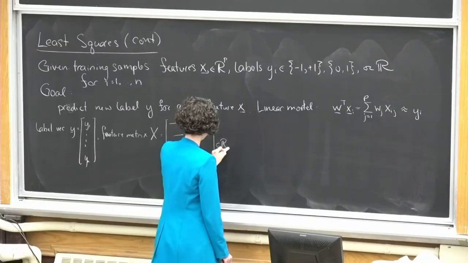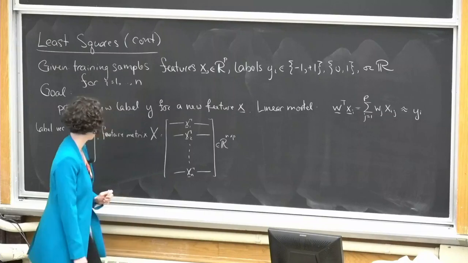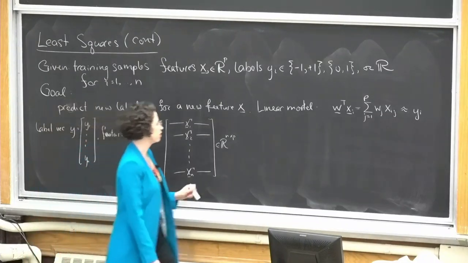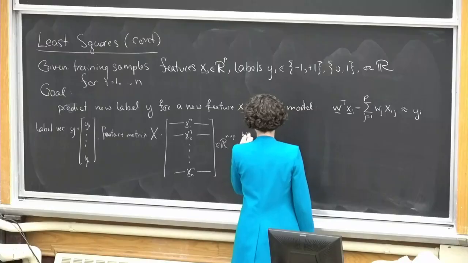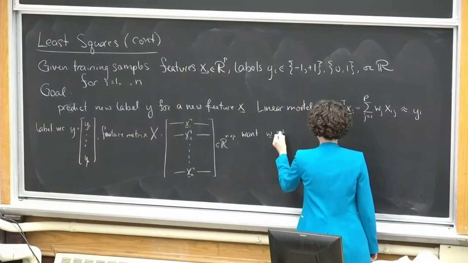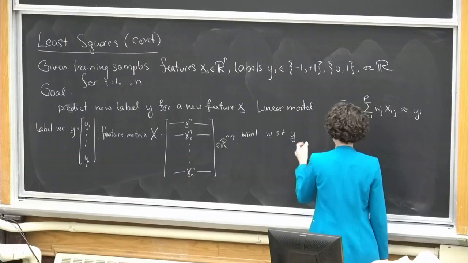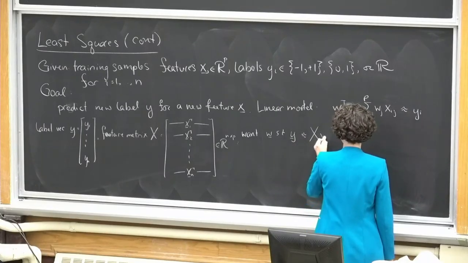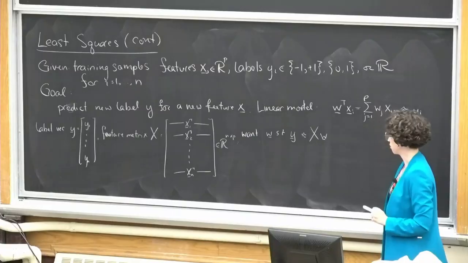And so altogether, this is a matrix with n rows and p columns. And so our linear model can now be written like this. We want our weight vector w so that this label vector y is close to this feature matrix X times our weight vector w.